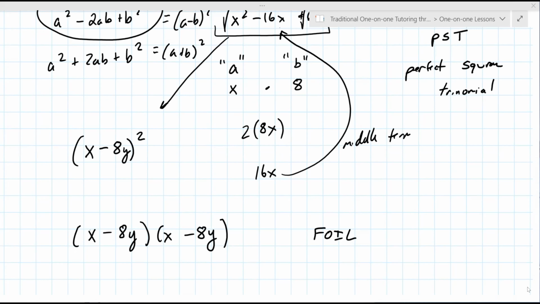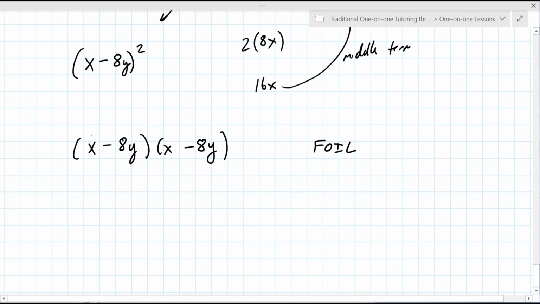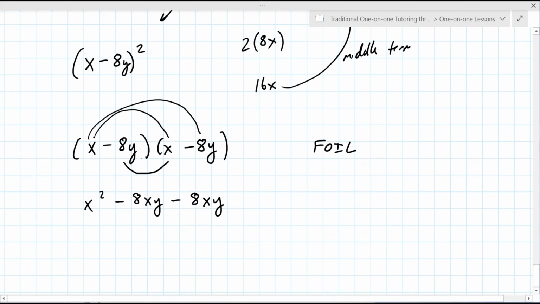All right, let me know when you're ready for us to do that. I'm ready. Okay, so FOIL: first times first, x times x, that's x squared. X times minus 8y is minus 8xy. Minus 8y times x is also minus 8xy. You can change the order of the variables, that's fine. And then minus 8y times minus 8y is positive 64y squared.